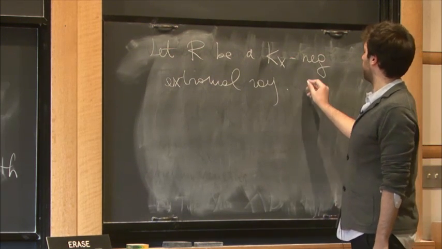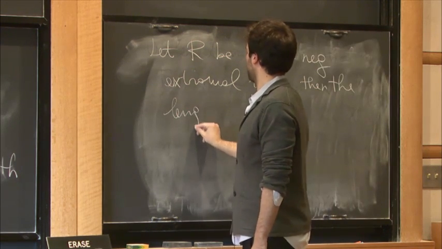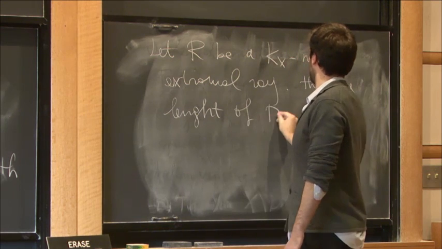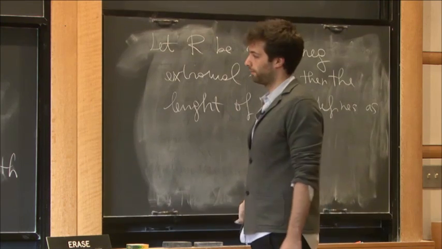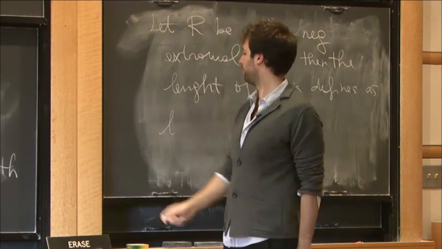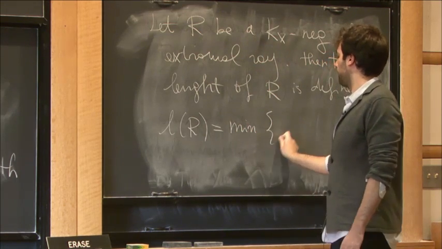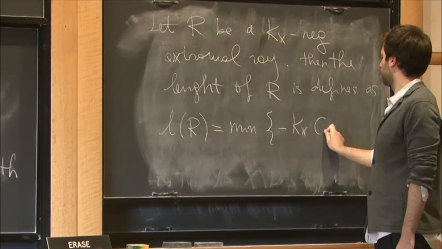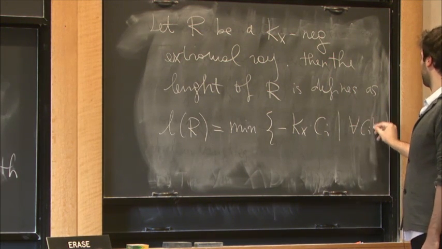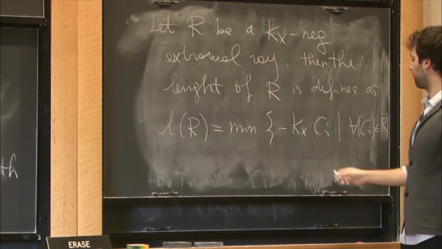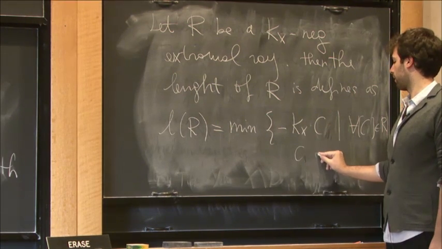Okay? So then the length of R is defined as, so I take the minimum of those intersections, the minimum of minus K_X dot C_i, for any C in the extremal ray, C a rational curve.